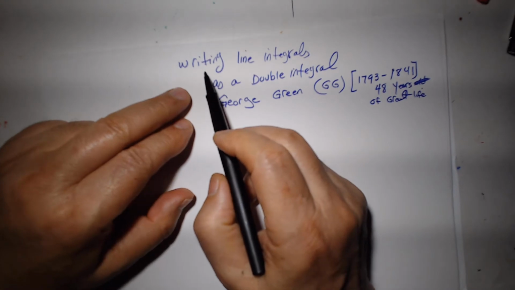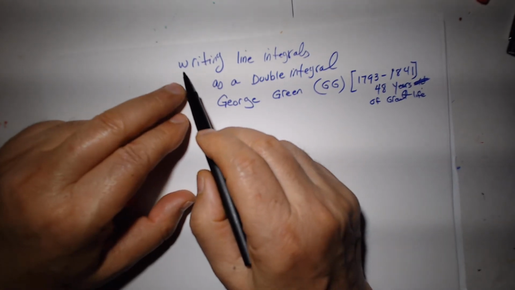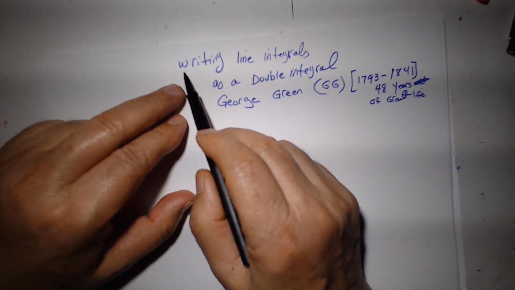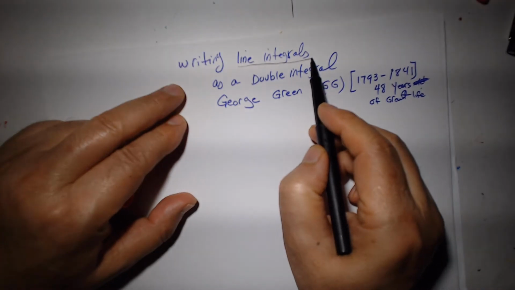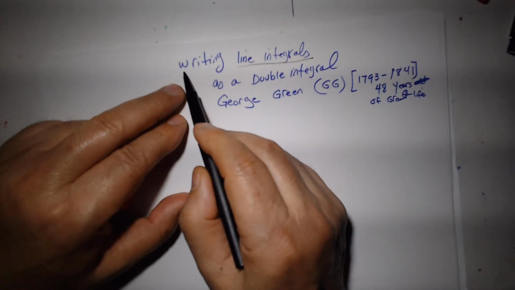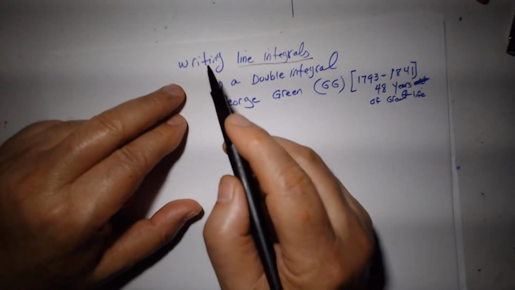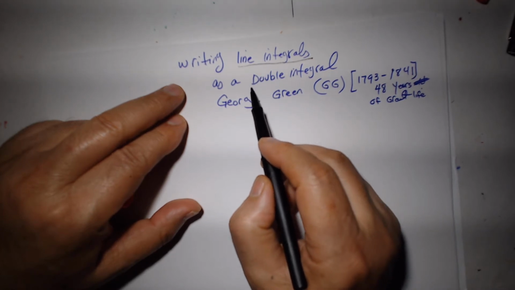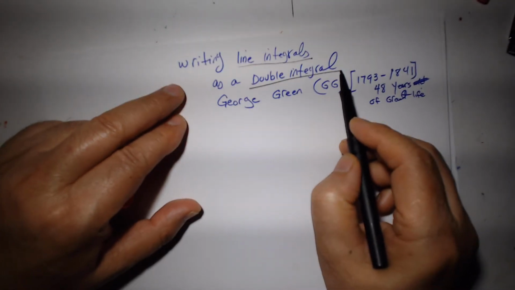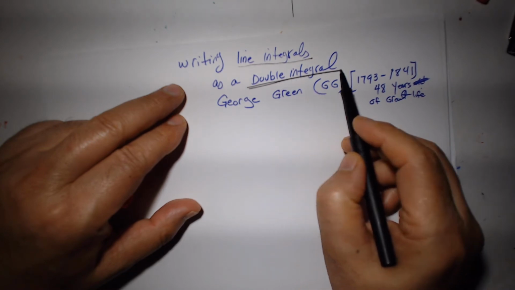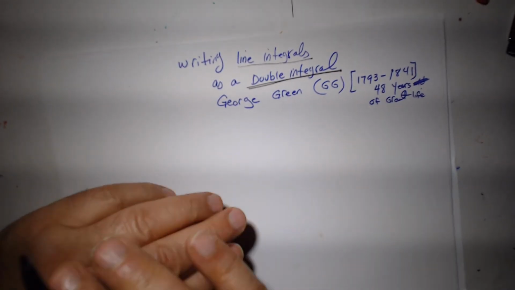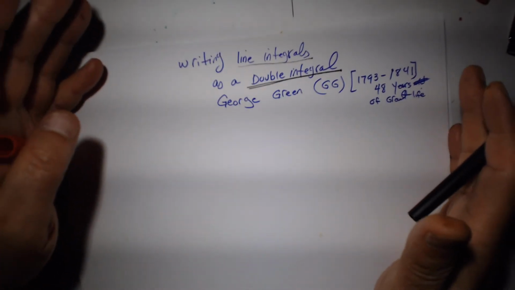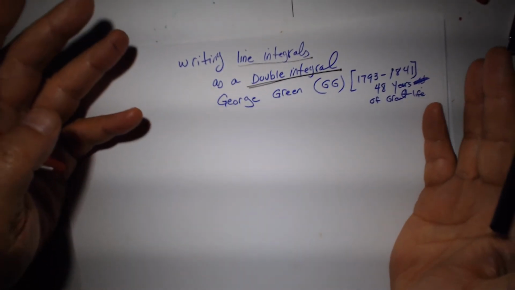Tonight, or in this video, we're gonna make your life a lot easier regarding line integrals. We try to prove that a line integral can be changed to a double integral, meaning we avoid parameterization and avoid using differentials.